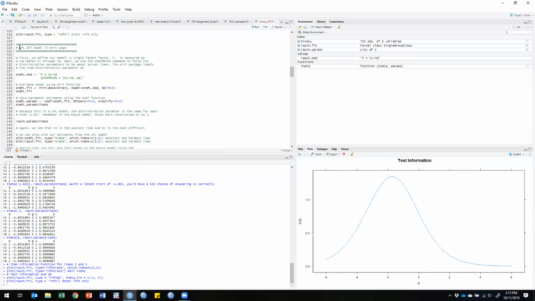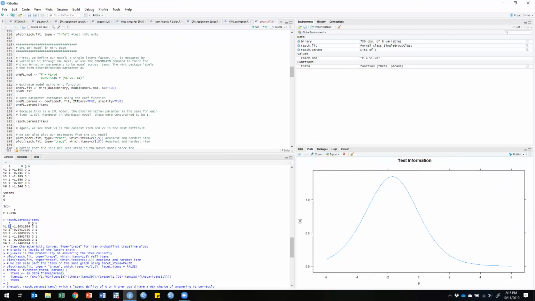So you can also get a 1-parameter logistic IRT model, which is mathematically equivalent to the Rasch model. The main difference is in the Rasch model, remember the item discriminations were all constrained to be 1. In the one parameter logistic IRT model, the 1PL IRT, we estimate the discrimination parameter, but we set them all to be equal across all of the items.